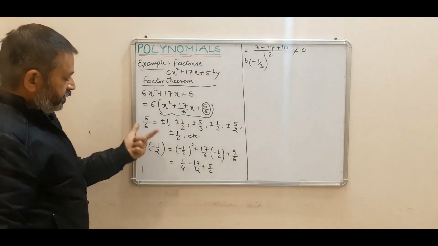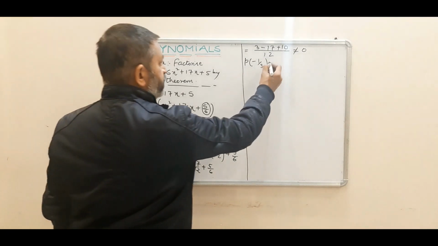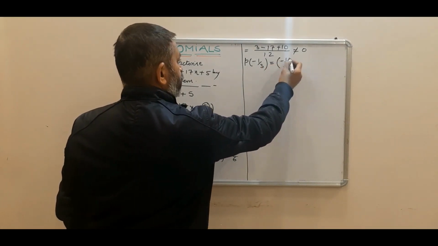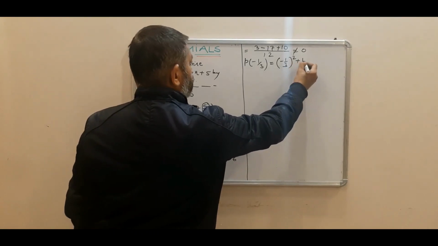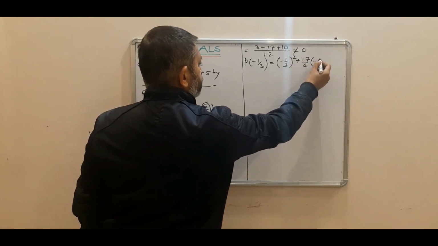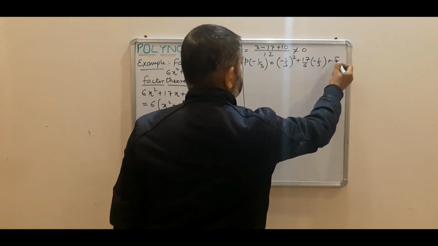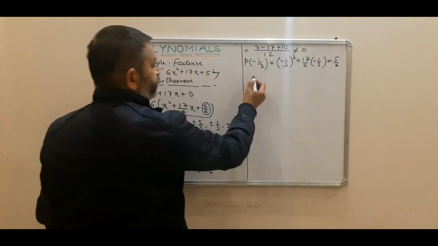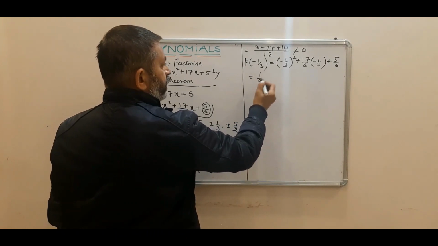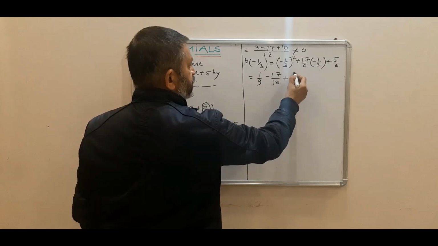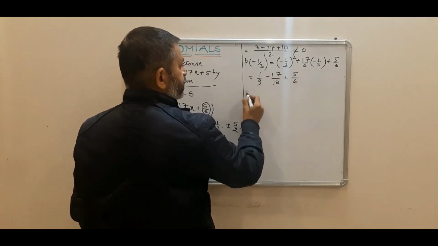So I'm putting in place of x minus 1 by 3 now. So it will become minus 1 upon 3 square plus 17 upon 6 times minus 1 upon 3 plus 5 upon 6. It is 1 upon 9 minus 17 upon 18 plus 5 upon 6.